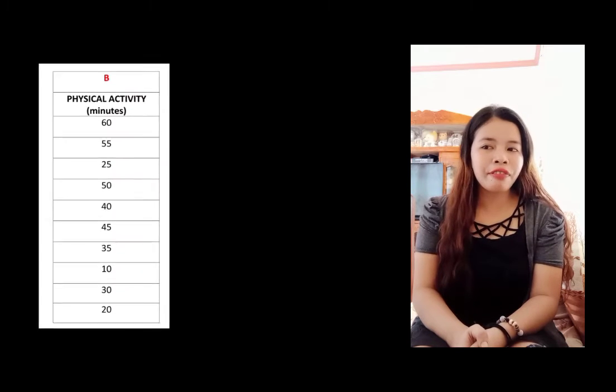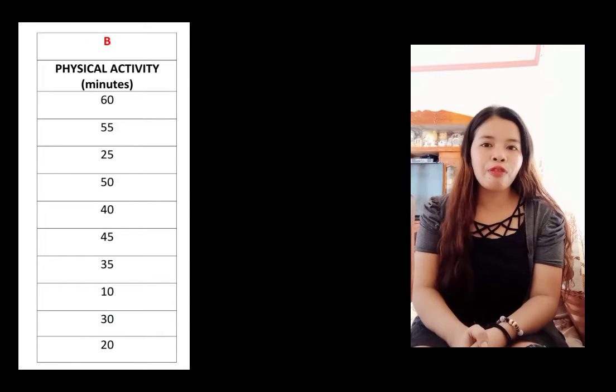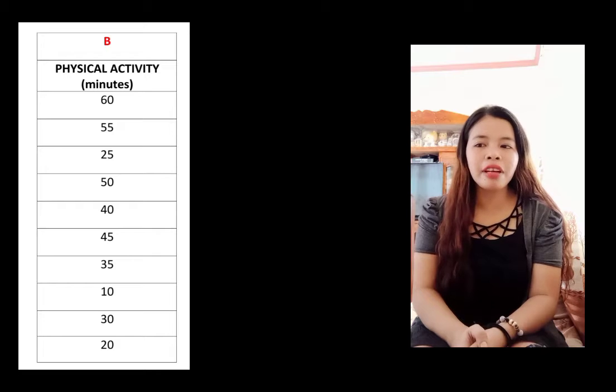So the first step that we are going to do is to rank the number of minutes of physical activity. In our physical activity, we have the number of minutes of 60, 55, 25, 50, 40, 45, 35, 10, 30, and 20. So now, let's do the ranking.